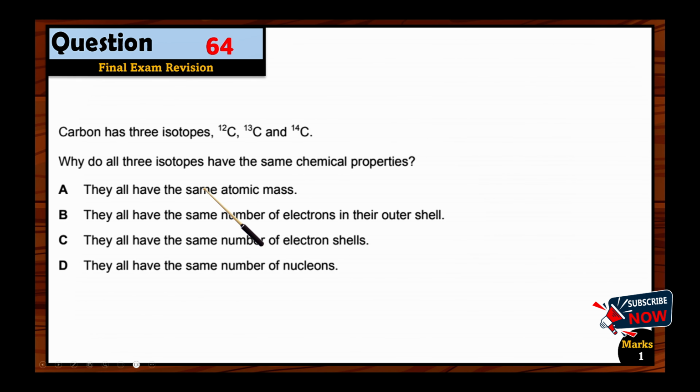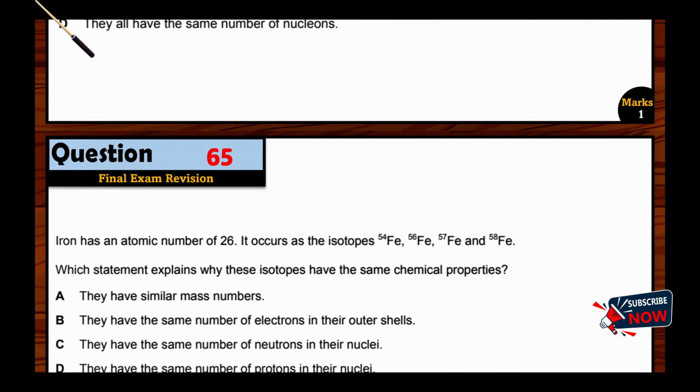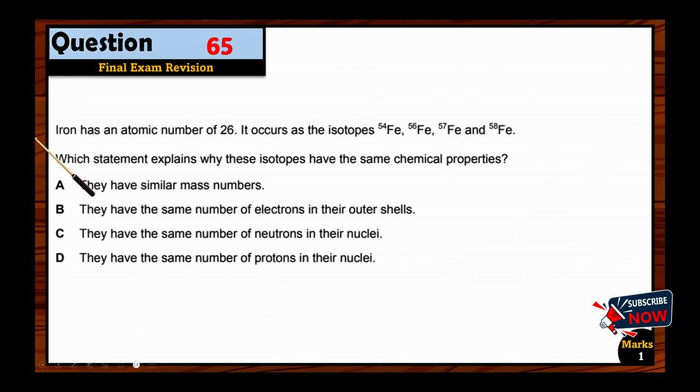Carbon has three isotopes. Again, why do all three isotopes have the same chemical properties? Again, they have the same number of electrons in their outer shell, right? Option B is correct. Okay, again, question number 65.